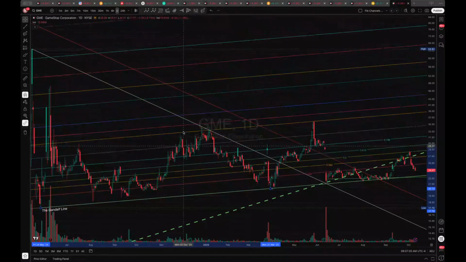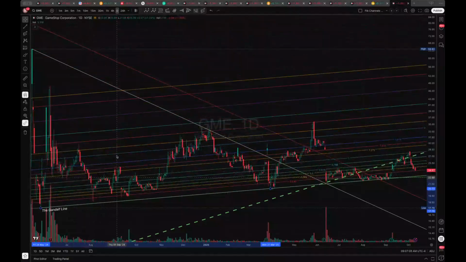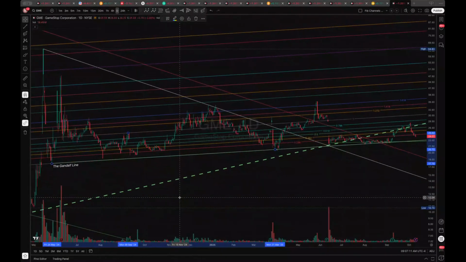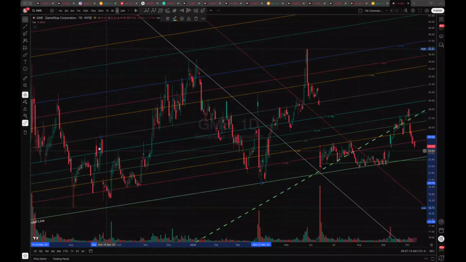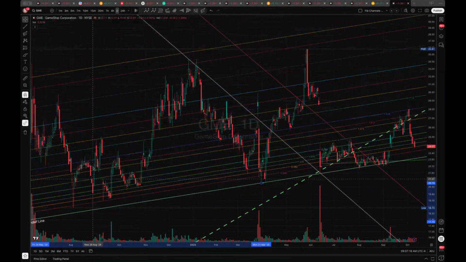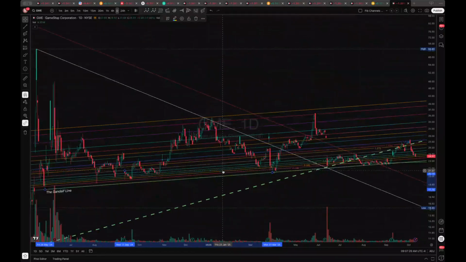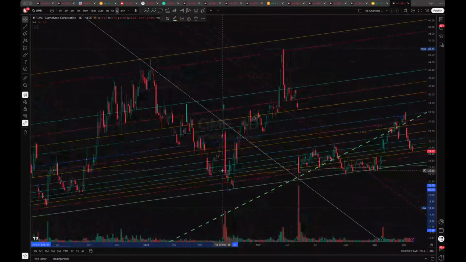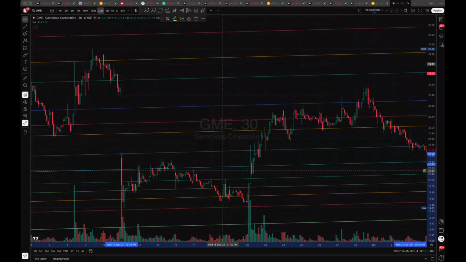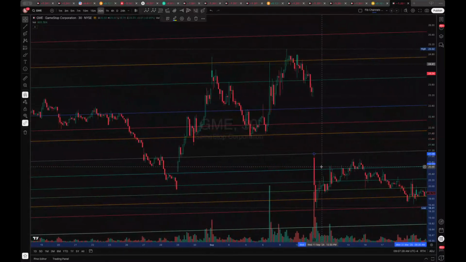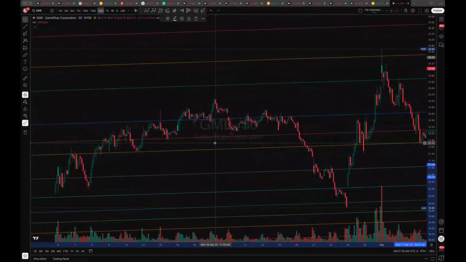You can play with the placement of this, and if it's too narrow, then it really doesn't tell you a whole lot unless you're on a really small time frame. But the smaller your time frame, the more meaningful it might get.